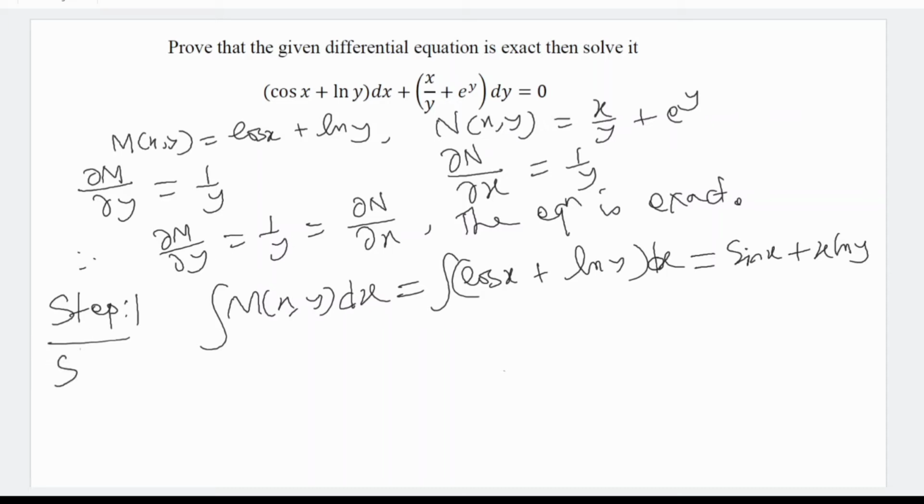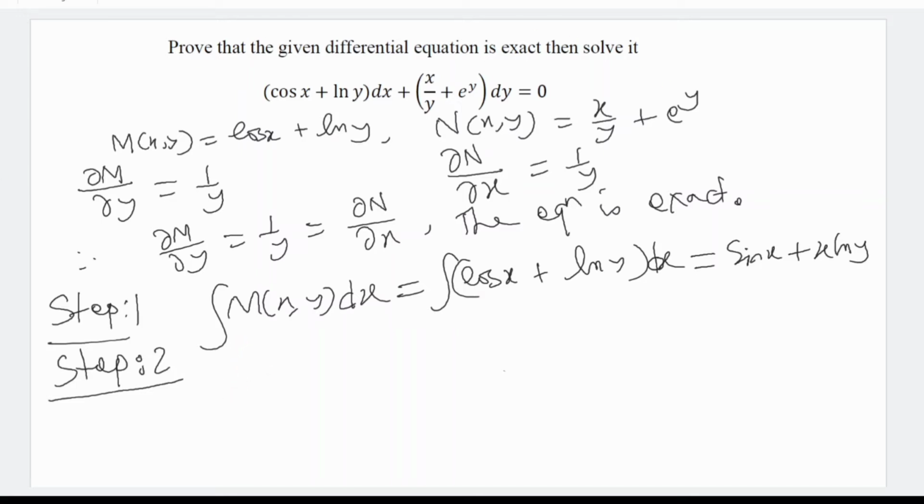Similarly, step 2, in N we have to find the terms free from x. So this is our N. Here e power y is the only term free from x, so now we can find the integration of that term.